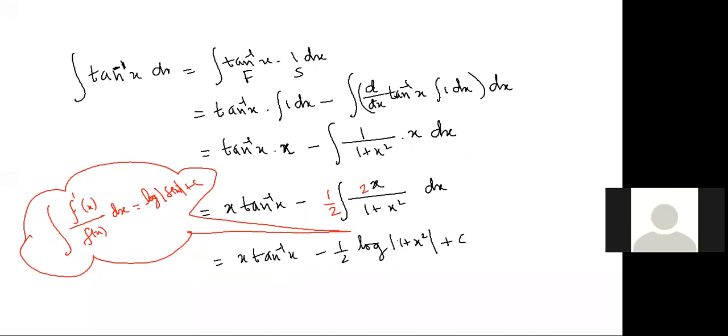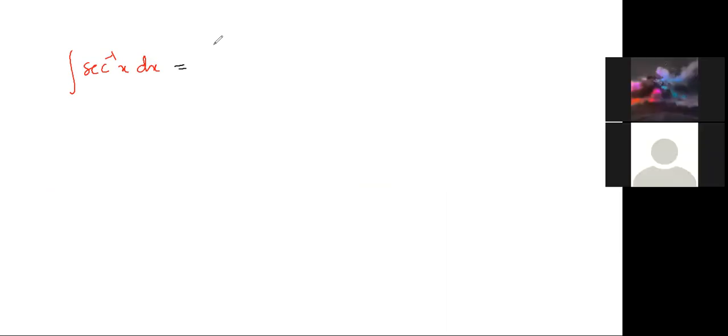Okay, fine. Now do it yourself: integral sec inverse x. How should I write it? Sarang, come on, help me out. Sec inverse x, integral 1 dx.